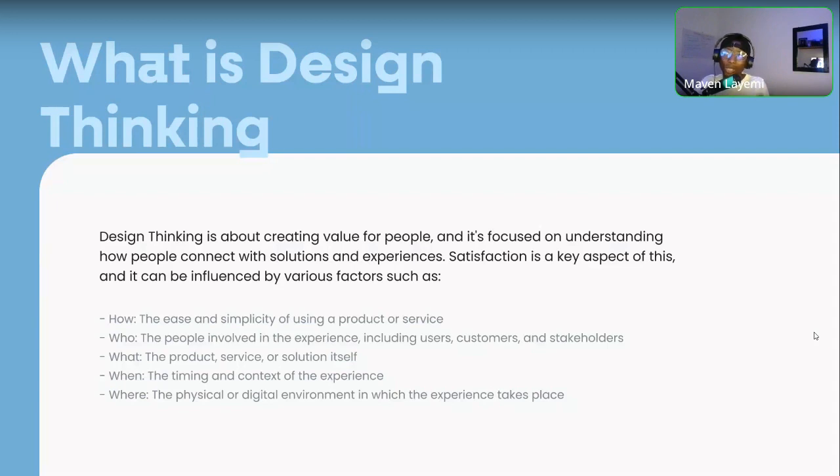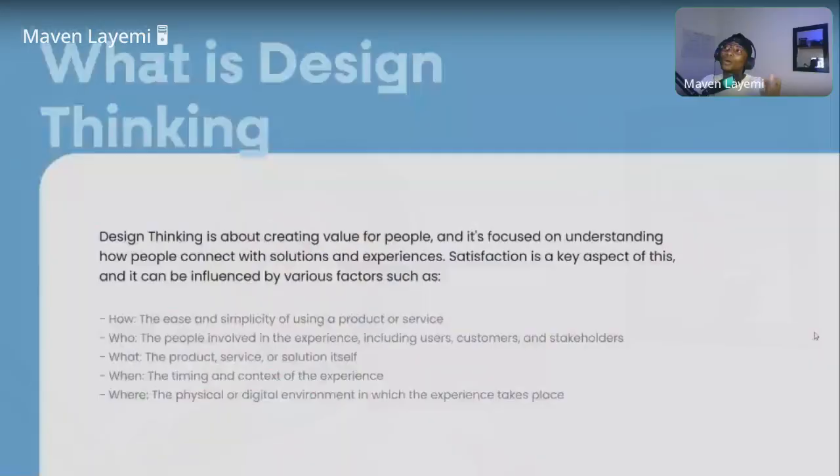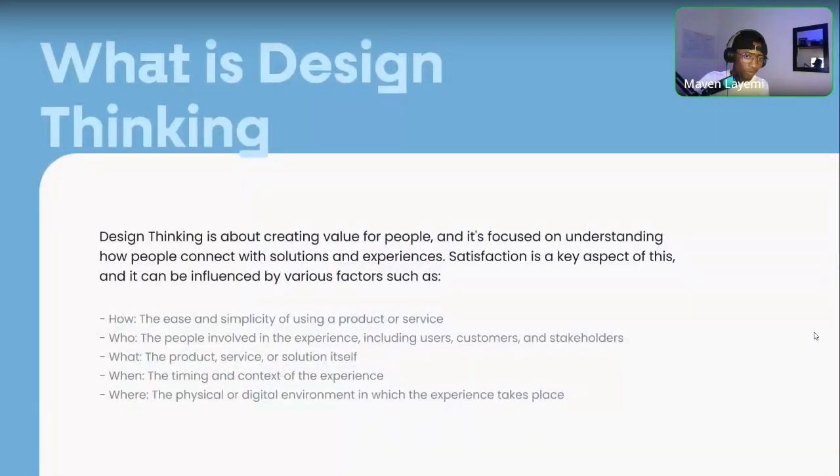We are talking about satisfaction. So in thinking about satisfaction, you must put into consideration the how, the who, the what, the when, and the where. So the what is the product itself. How should it look? What should be on it?